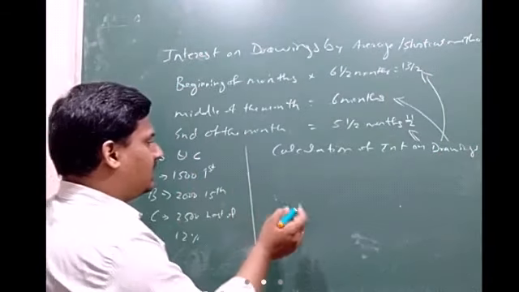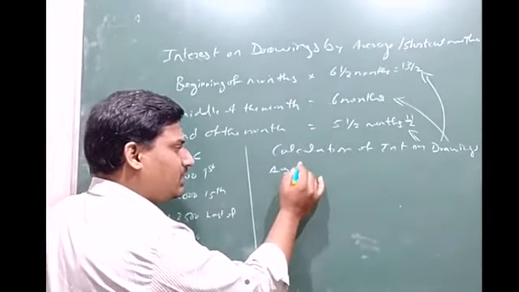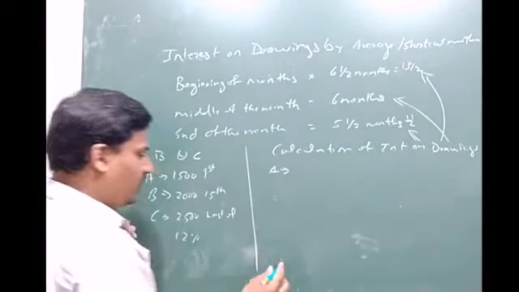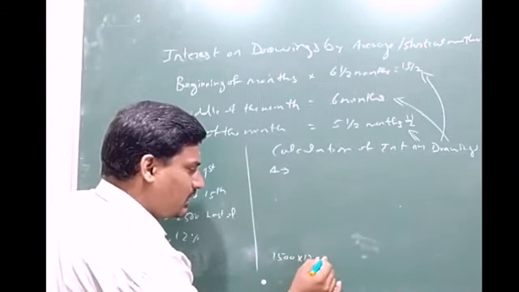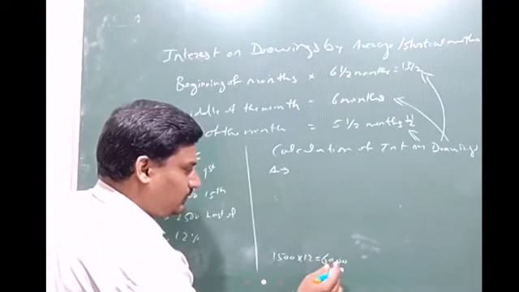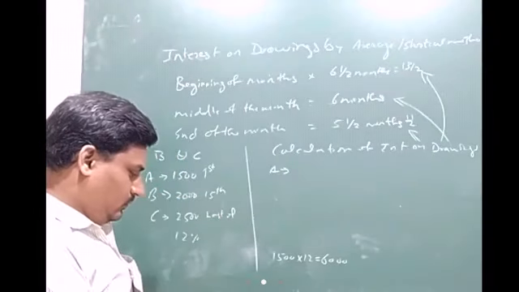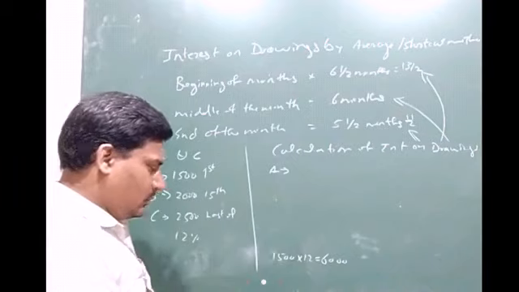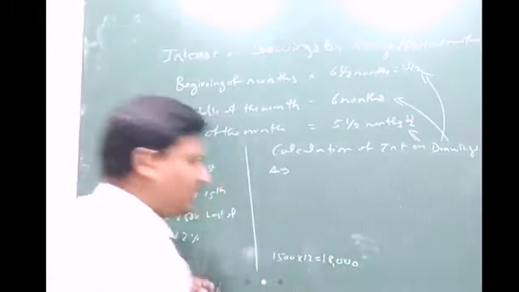So here first A withdrew 1,500 rupees. Rough calculation I will do here. 1,500 rupees for 12 months. So total 18,000 he has withdrawn.